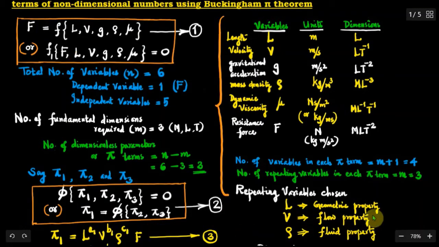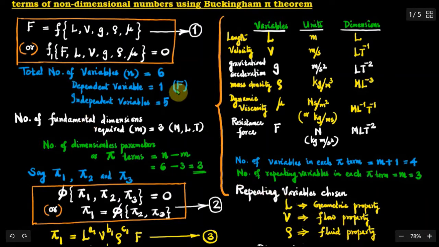Now regarding the flow property, here we have two, the velocity and the acceleration due to gravity, and out of them the flow velocity, which in this case is the velocity of the ship considering the relative motion. So that velocity is the prominent one. So as the flow property repeating variable, we will choose velocity, and the third one is the fluid property.